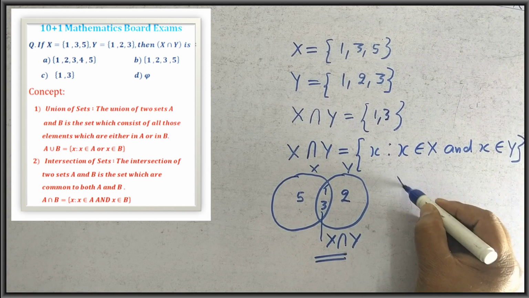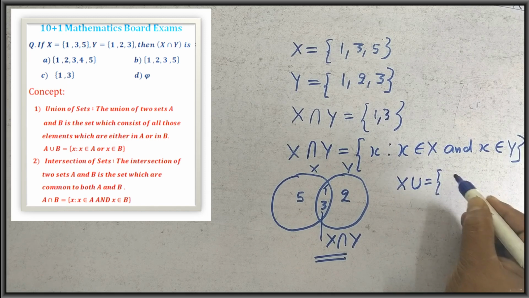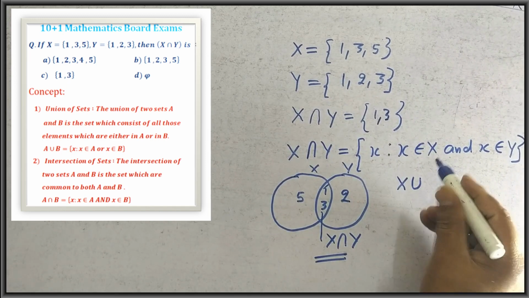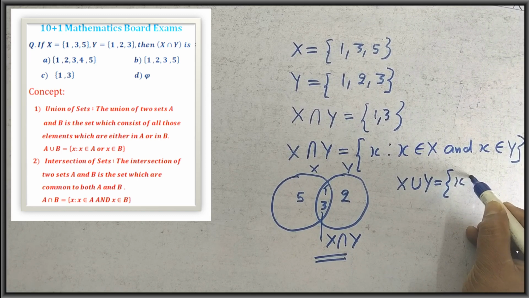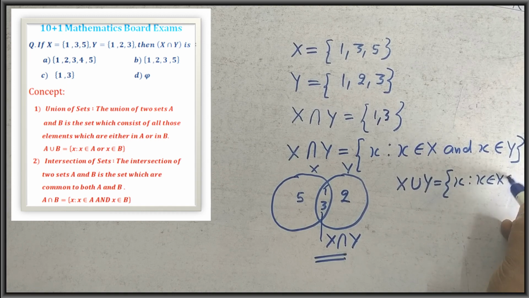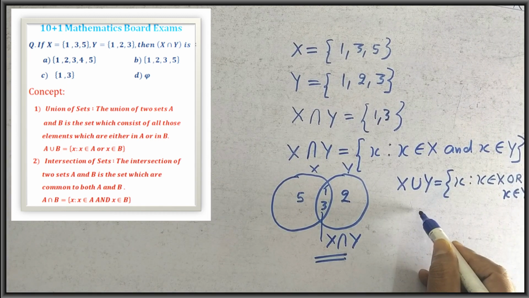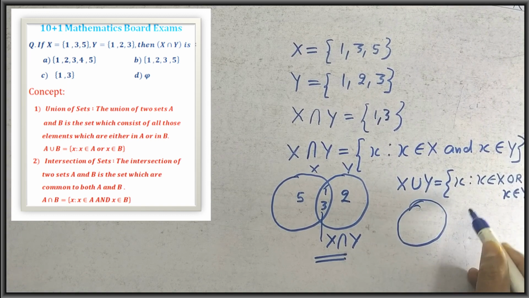But if it is x union y, suppose I am taking x union y, how will you write it, children? The set of x such that x belongs to x or x belongs to y. In union, children, you consider all the elements.